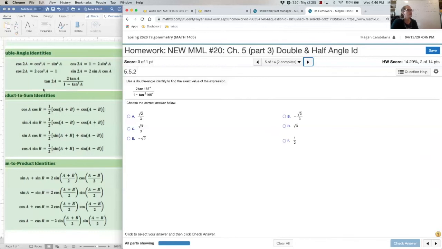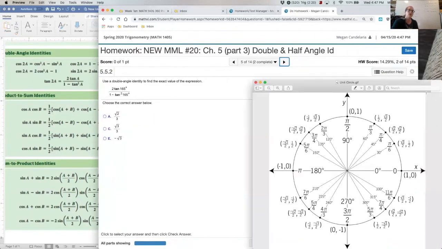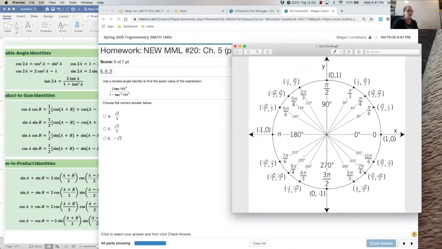So what does our identity say? It says that this expression is the same thing as tangent of 2 times 165. Well, what's 2 times 165? 2 times 165 is 330. So we're really asked to discover what is the tangent of 330. To answer that question, we can go to our unit circle. Here's our unit circle.